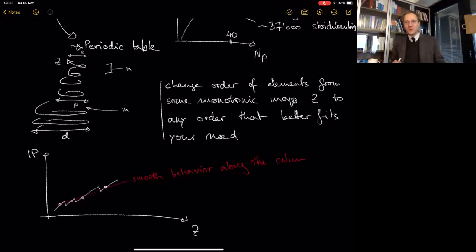So that's very much where the periodic idea comes from, and that's what triggered, of course, Mendeleev to postulate the periodic table, right?